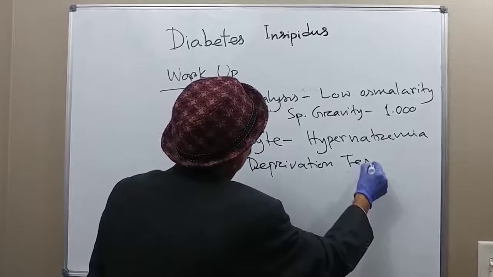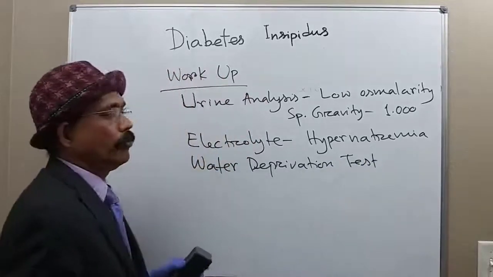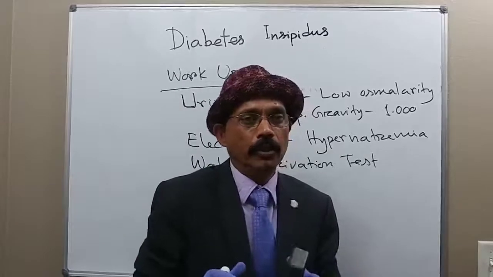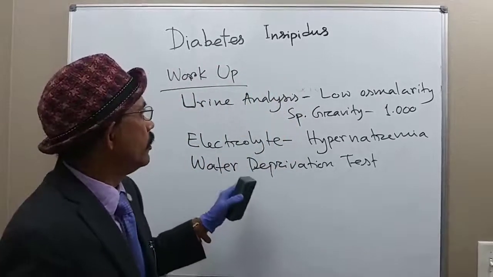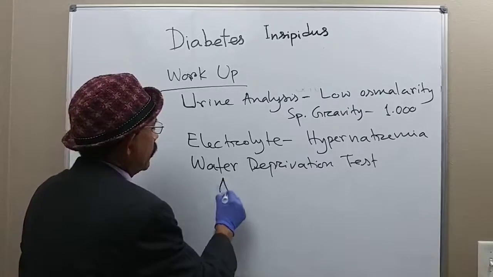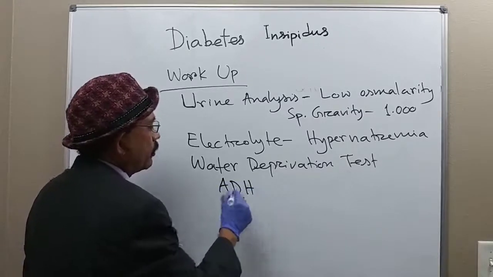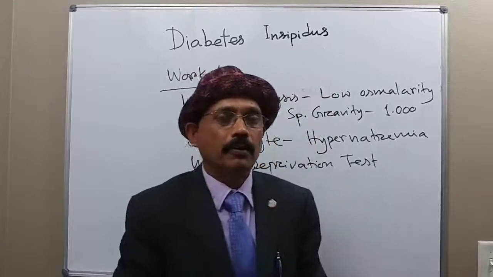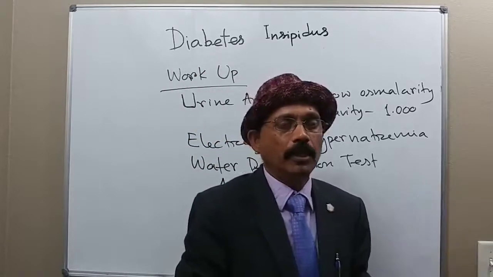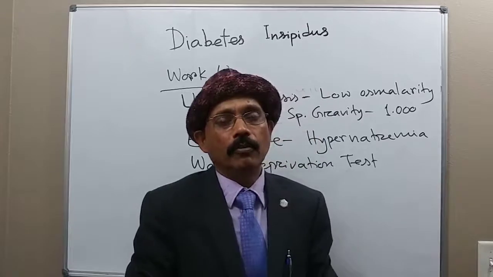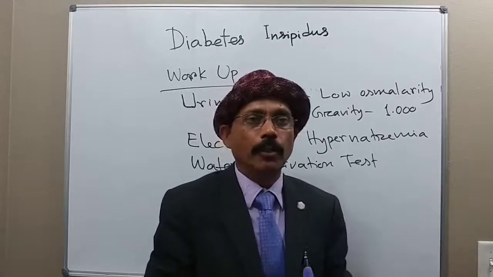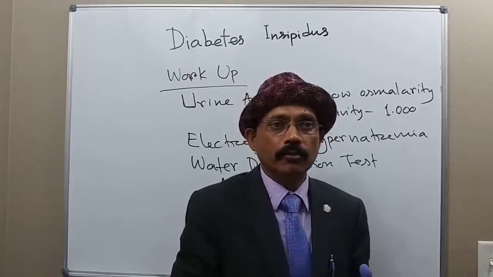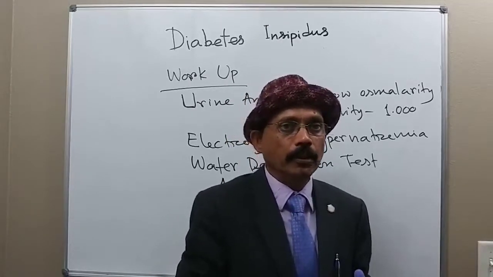If you deprive the patient for several hours, we'll assess the blood osmolarity and urine osmolarity. Then if we give the person an antidiuretic hormone-like substance injection, in case of central or neurogenic diabetes insipidus, urine concentration will increase, there will be high osmolarity, and specific gravity will go up.